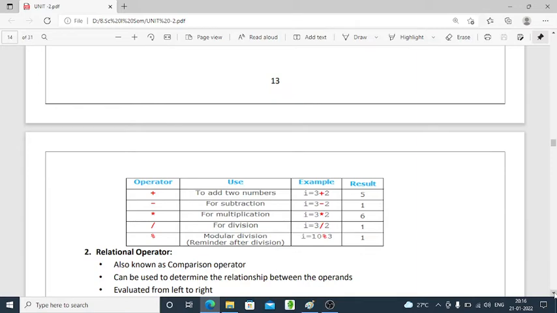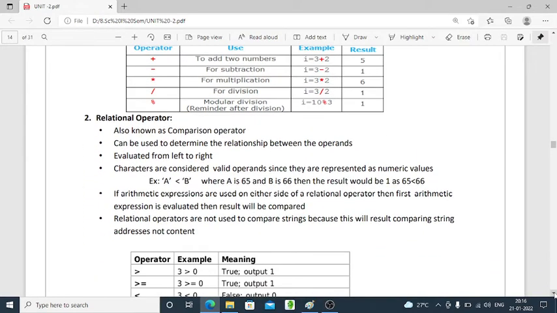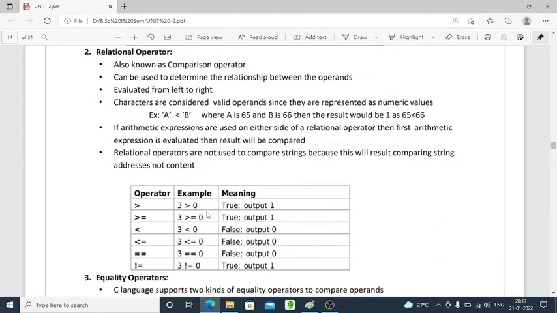Next one is relational operators. As the name itself tells, relational means it is used to get the relation between two operands. If you see this table, these are the different types of relational operators.